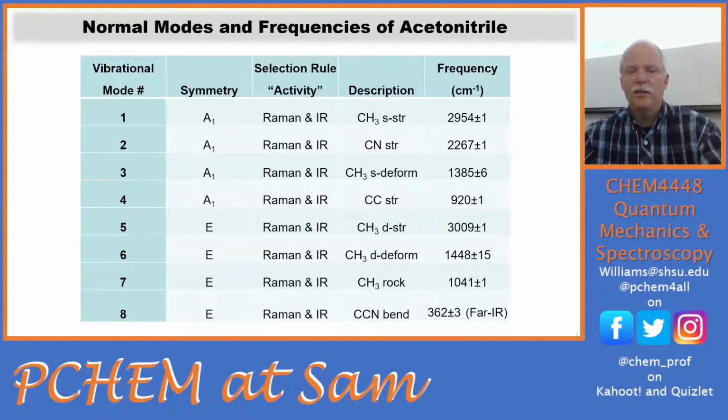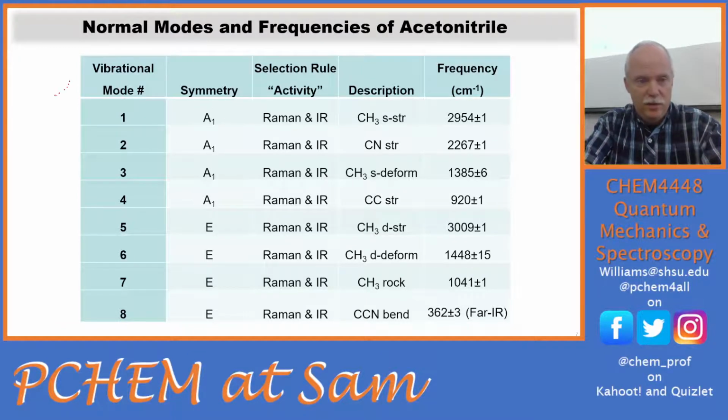So here's acetonitrile. We looked at all of the vibrational modes in acetonitrile in a previous lecture, probably a month ago. And so let me go ahead and write out the structure.